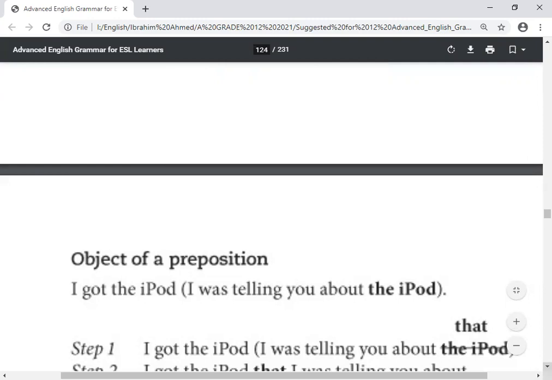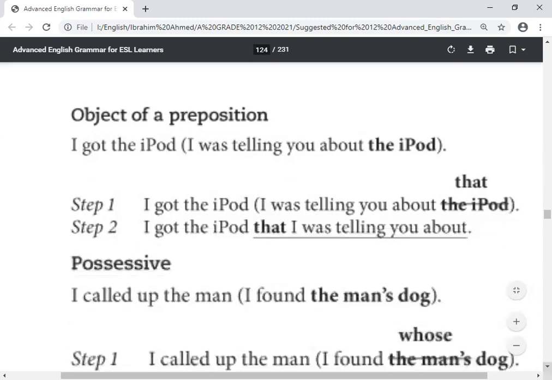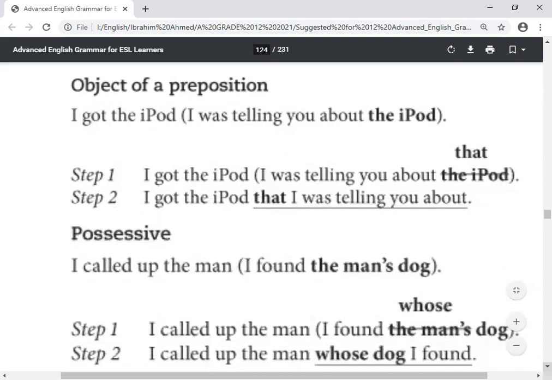But when there is another role or function, we need to pull the relative pronoun and put it at the beginning of the clause. Object of a preposition. This is another role. I got the iPod. I was telling you about the iPod. This is the underlying clause, which includes the noun that will be replaced by the relative pronoun. Step one, the iPod here is the object, okay?